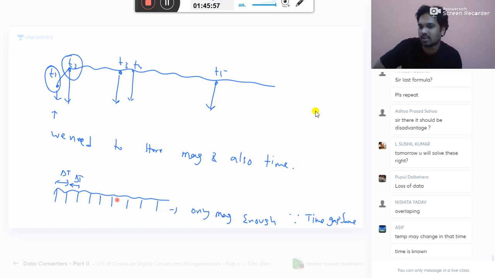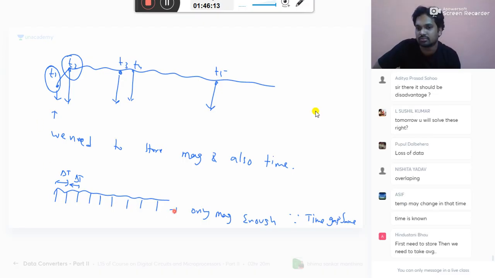You need not store the time. Here you are getting uniform conversion time. In the first case, you need to store time and magnitude. Here, you should store only magnitude.